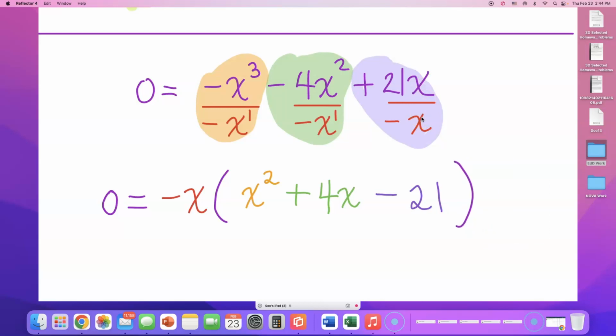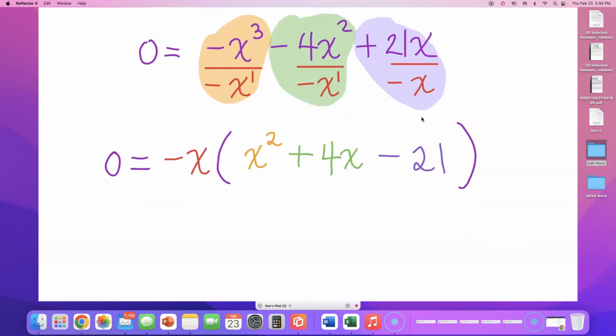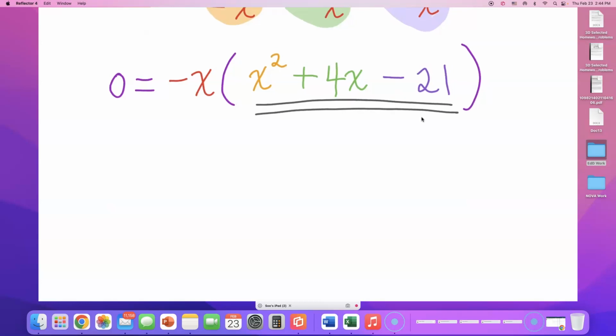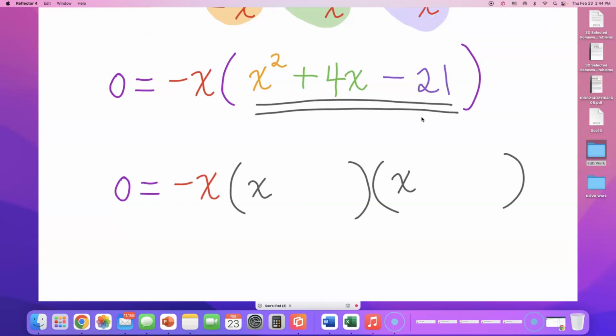Now I want you to focus on this trinomial inside, because we're going to factor this. I'm going to break that down. These first two stay the same. Let me just copy this down exactly the same. But now we are breaking down that trinomial into two binomials by thinking about what two numbers multiply to be 21.